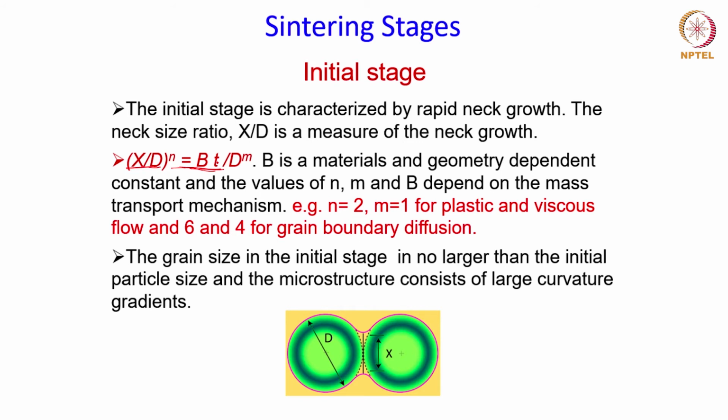For example, n is equal to 2 and m is equal to 1 for plastic and viscous flow, and these are 6 and 4 for grain boundary diffusion, right? So depending on the mechanism of the mass flow, the value of these two parameters will change, and as a result the neck growth rate will also differ depending on the mechanism of mass transport.